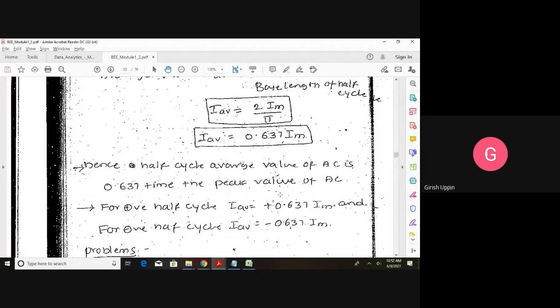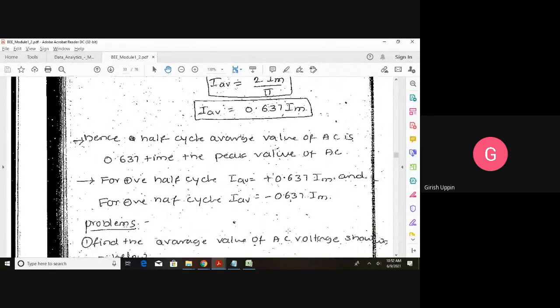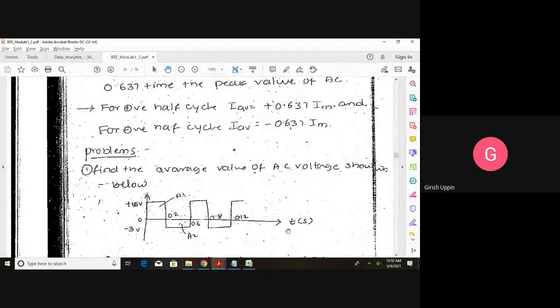For the positive half cycle, I average is plus 0.637 Im, and for the negative half cycle, it is minus 0.637 Im. Now we will take some problems and solve them to find the average.